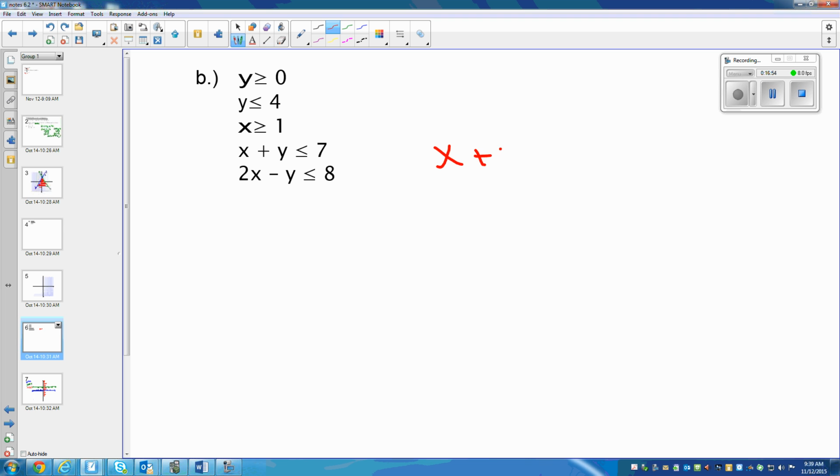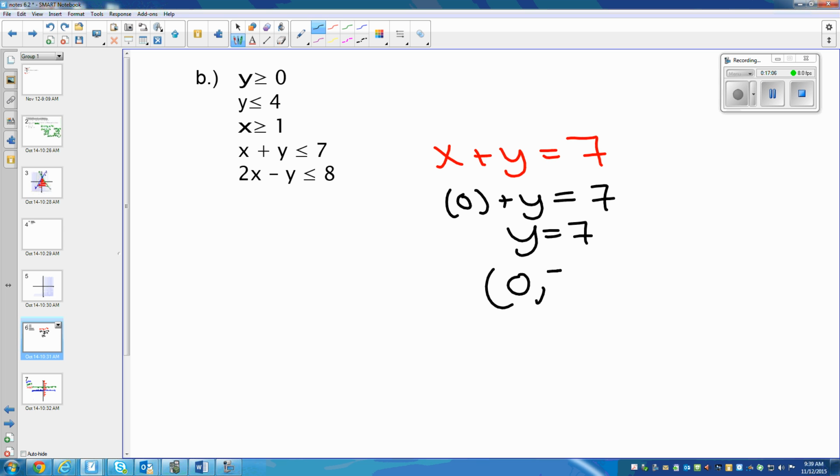So x plus y is equal to 7. If I let x be 0, I'm solving for the y-intercept. So y equals 7, so that is 0, comma 7. And if I let y be 0, x equals 7.